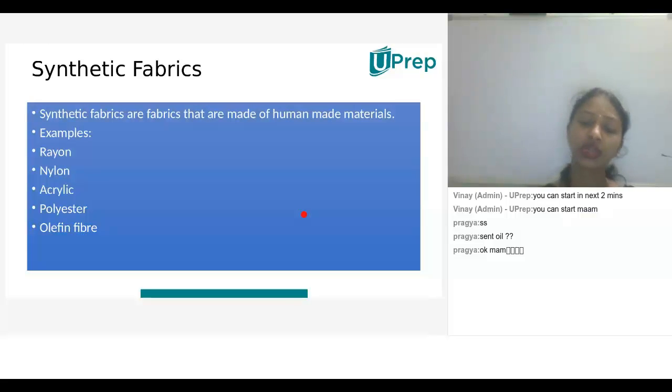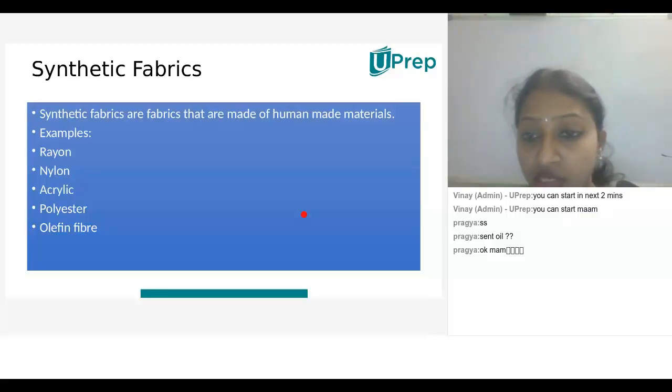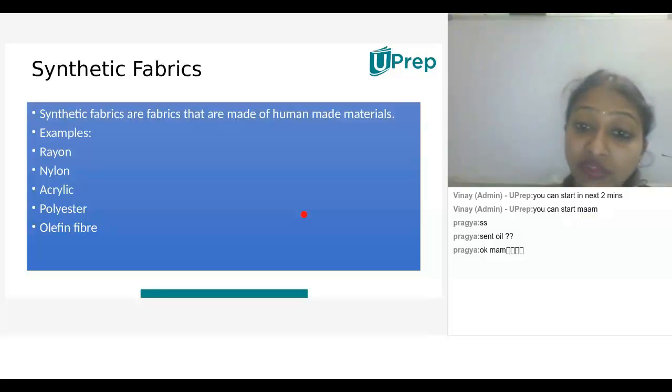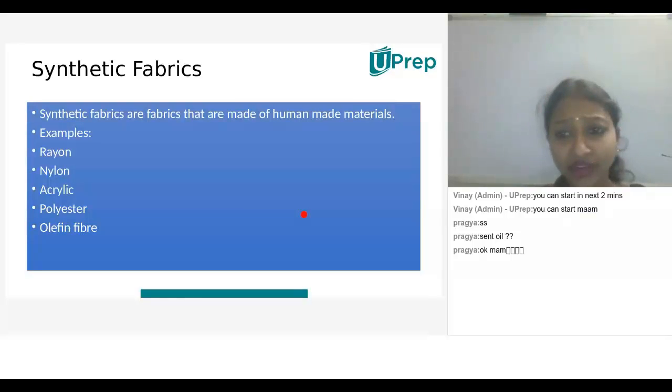Anyhow, for some of the synthetic fibers, the raw materials are from natural fibers. Understood? Mostly all the synthetic fabrics are made by man, that we know very clearly. But from where does man prepare them? Only with chemicals?